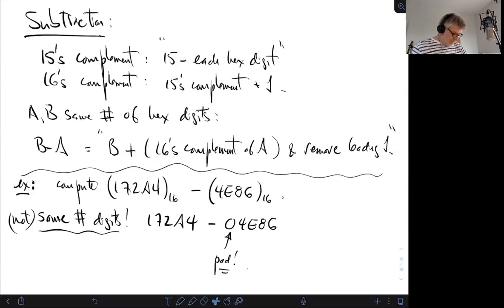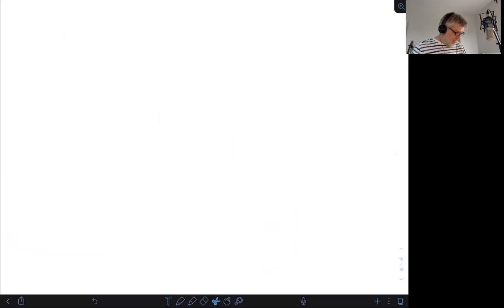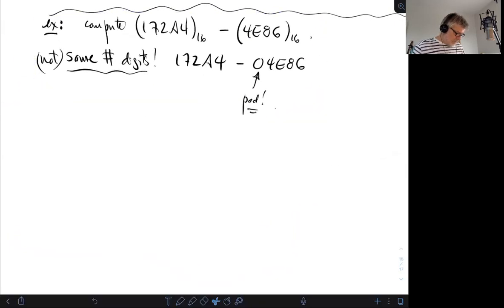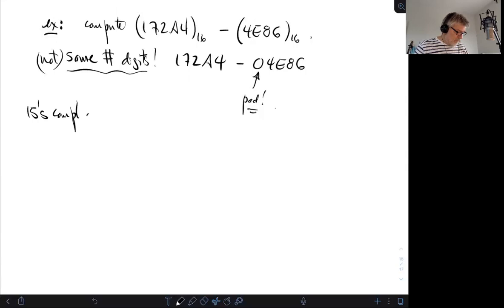Okay, so let's copy this, and I'm going to switch slides. I'm just going to copy it down here. Paste. Okay, so now the 15's complement of 0, 4, E, 8, 6 is what?